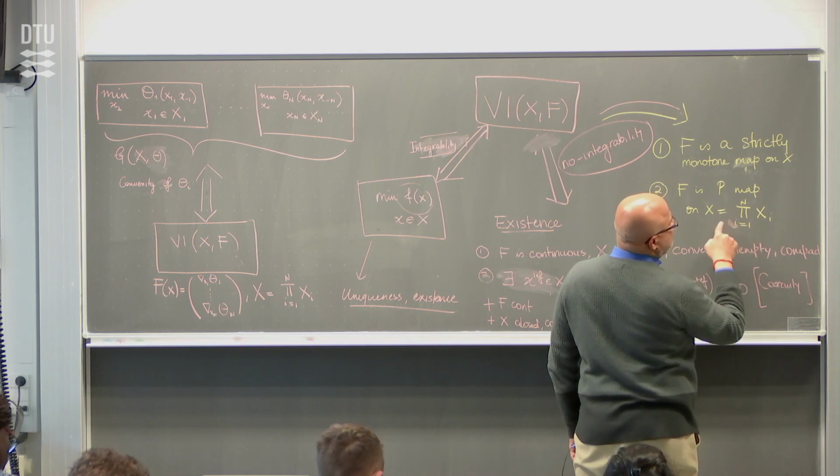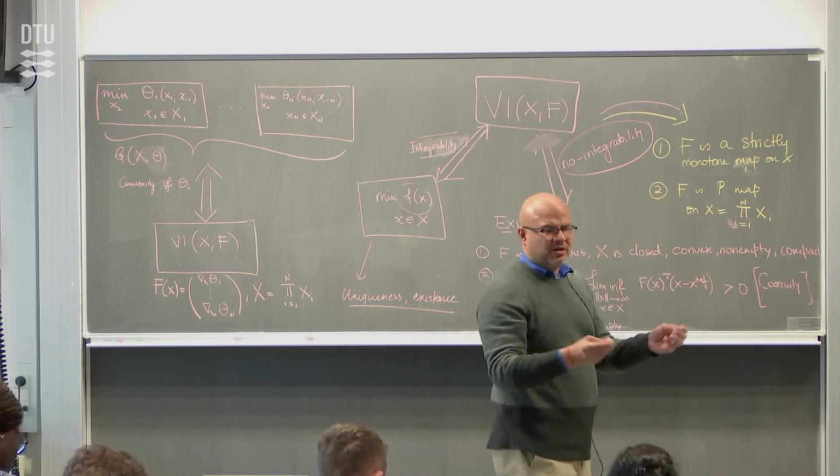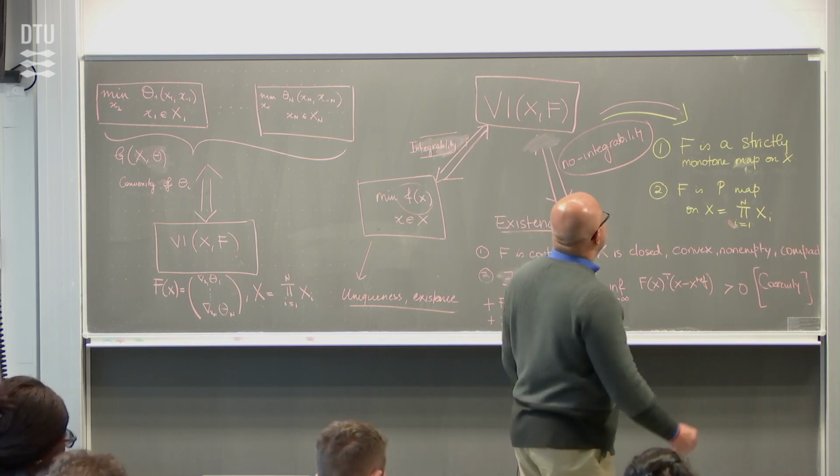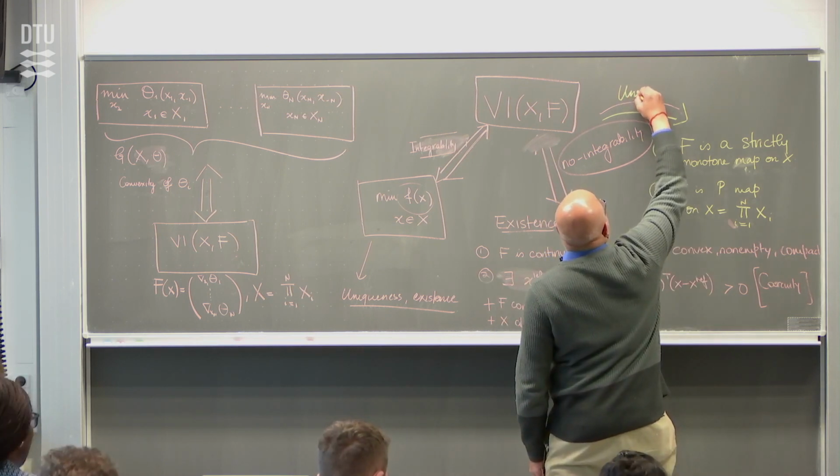So this is just that it can be expressed as the Cartesian product of a bunch of sets. Okay, so this is uniqueness.